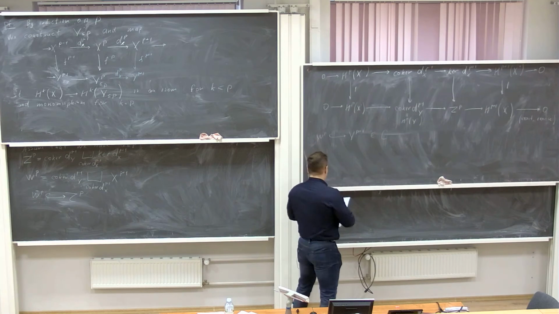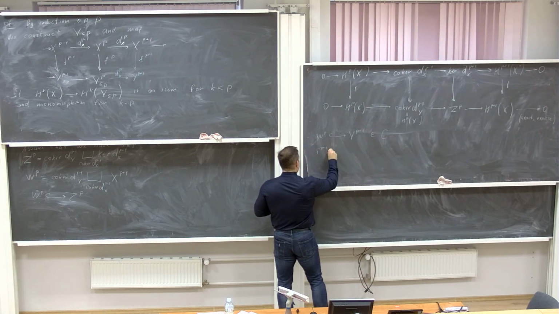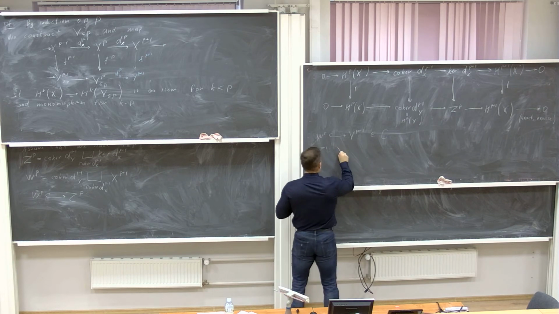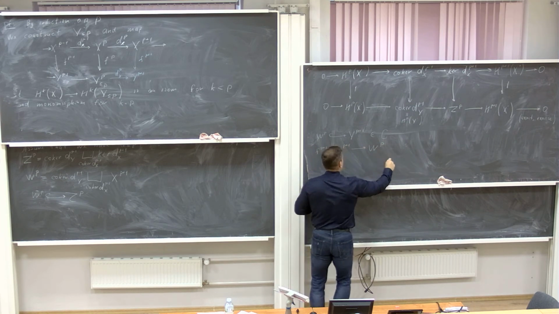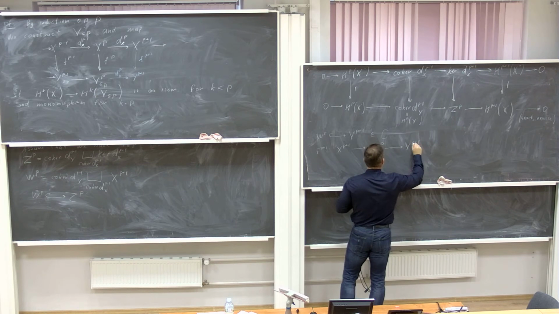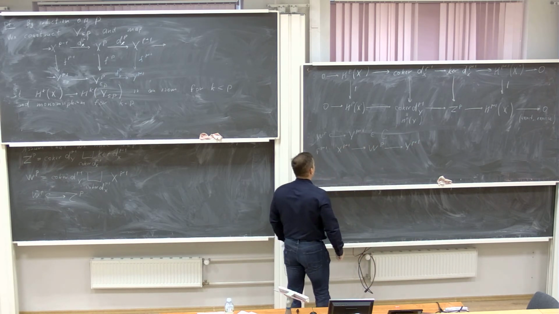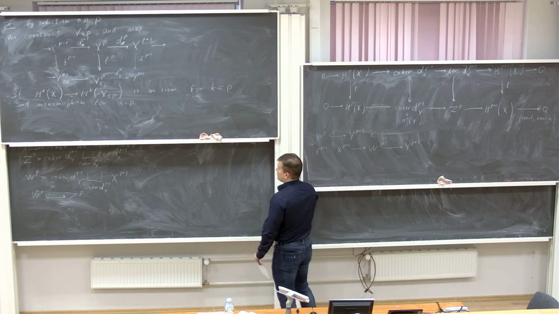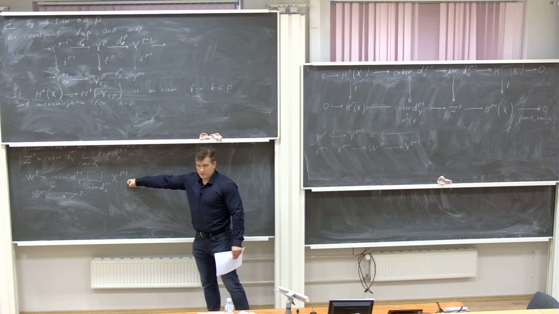Now I want to define f with the index p plus 1 as the following composition. I have a map from X^{p+1} to W^p, and then I combine this with the map to Y^{p+1}. The existence of the first map just immediately follows from the definition of the W^p.